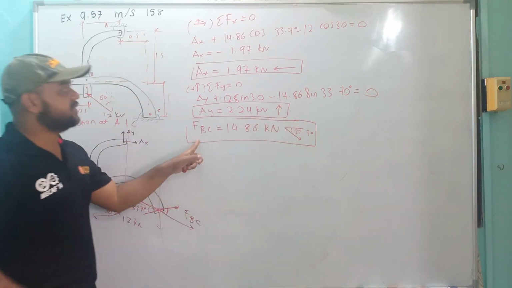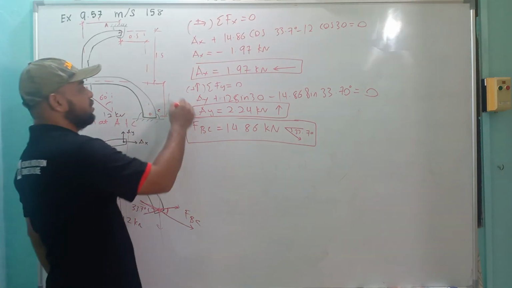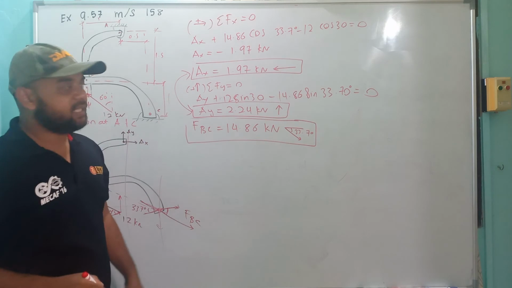Okay, so you have FBC, Ax and Ay. The question asks you to find the reaction, so you have to combine these two to become the A.